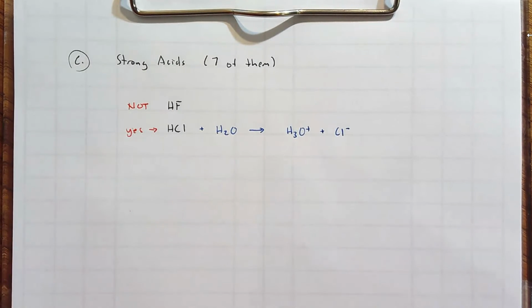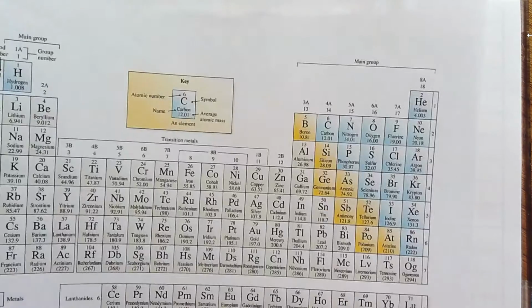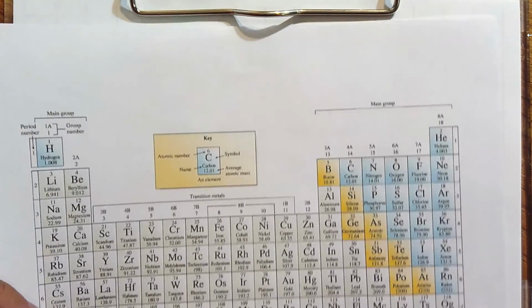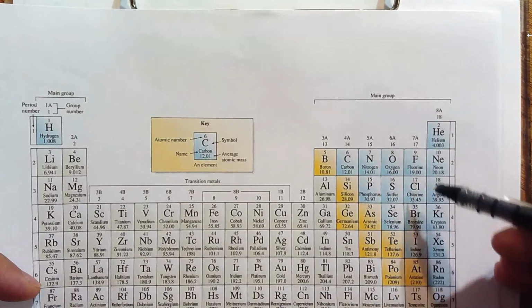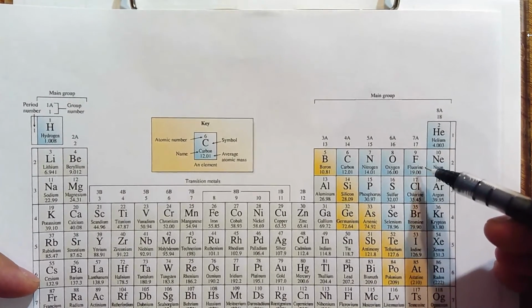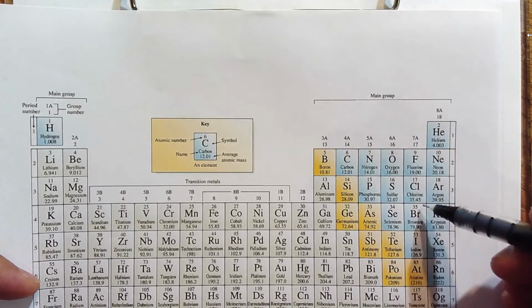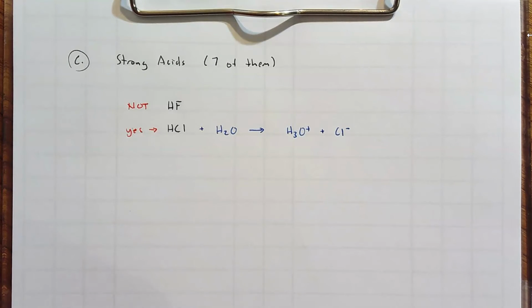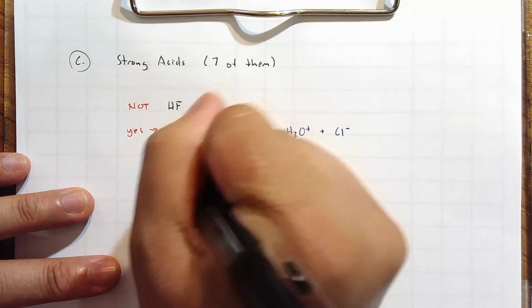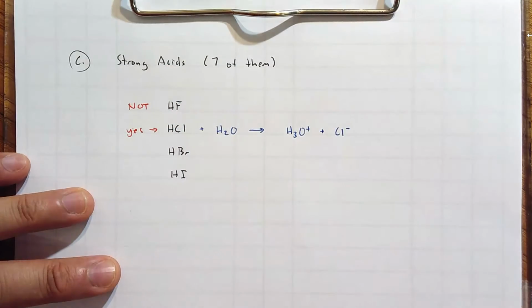What's the pattern? Looking at your periodic table, these are the, what do they call these? The binary acids. Hydrofluoric, hydrochloric, hydrobromic, and hydroiodic acid. But HF is not strong, but these three are. So those are our first three: HCl, HBr, and HI.